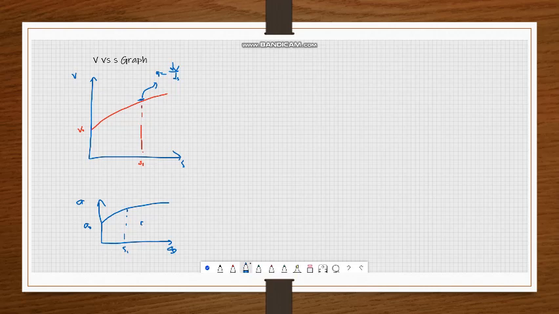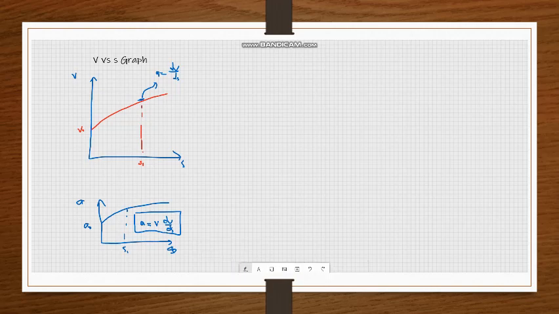Converting to a, it is going to be v dv/ds, because we know that a ds is v dv, so the acceleration at this point is v dv/ds. So we can convert this A and S graph to a velocity and position graph.